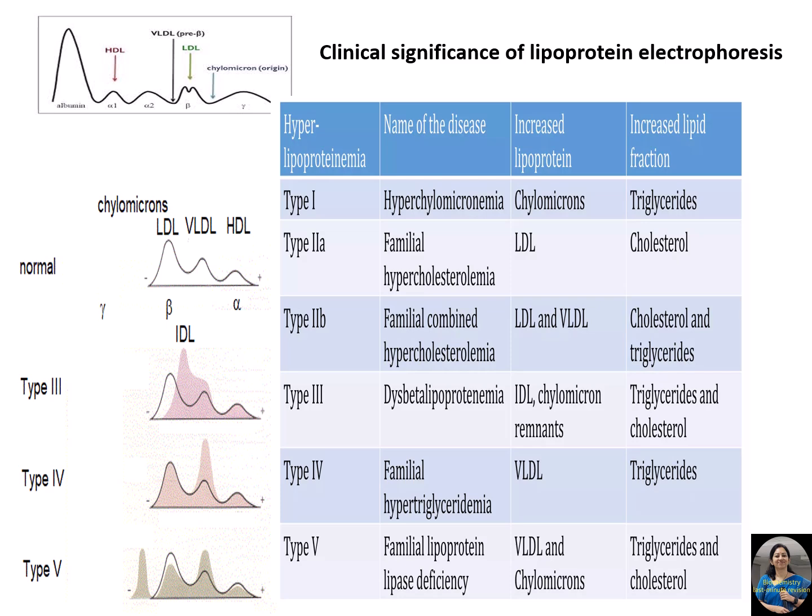In type 3 there is an increased IDL band, appreciated here in this image. In type 4 there is an increased VLDL band in the pre-beta region, and in type 5 there is increased VLDL and chylomicrons.